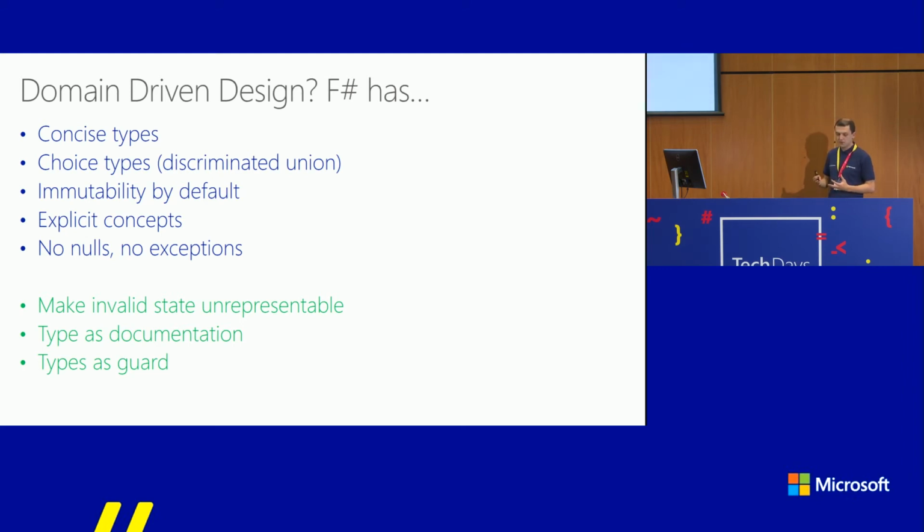Also, because of sane defaults in the language, like immutability by default, no nulls by default, no exceptions by default, you kind of get into a safer world. It's much more difficult to make errors like null reference exception or not handling an exception properly.